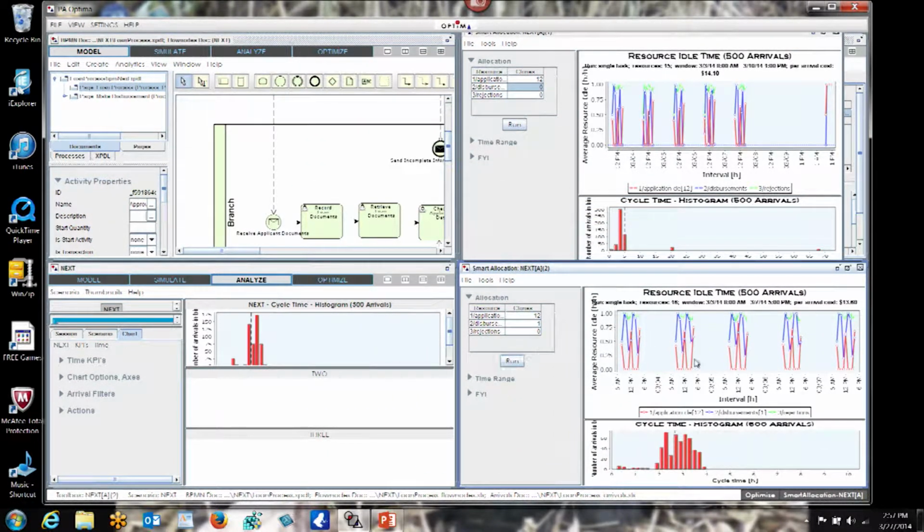And in this new result, we've reduced the per arrival cost a little bit more, $13.60, but our end-to-end cycle time has dropped now to between 2 and 3 hours, and we have no outliers. So we have no loan applications not getting done by the end of the day.